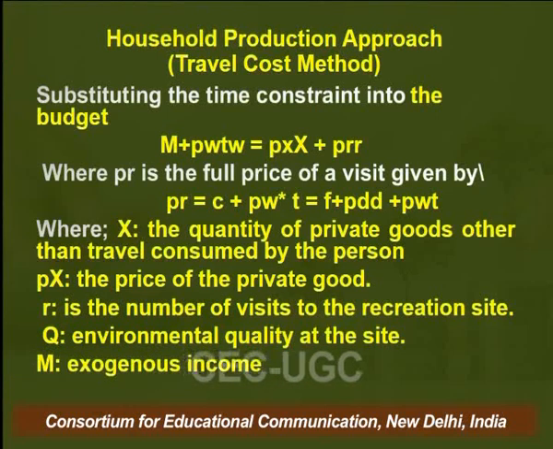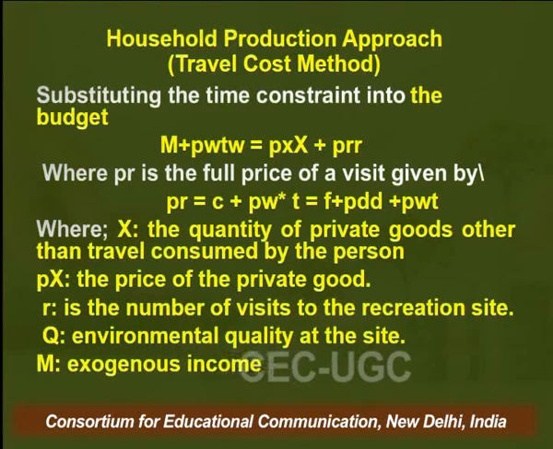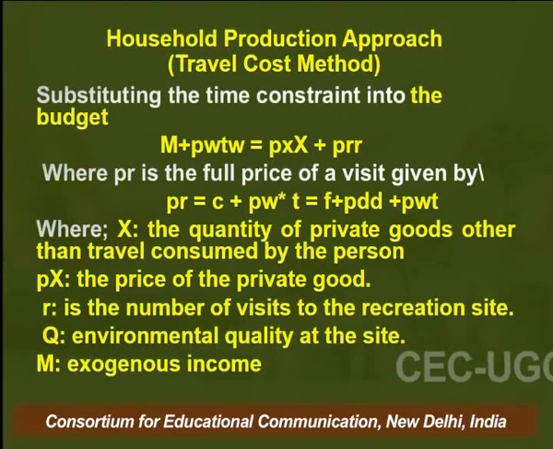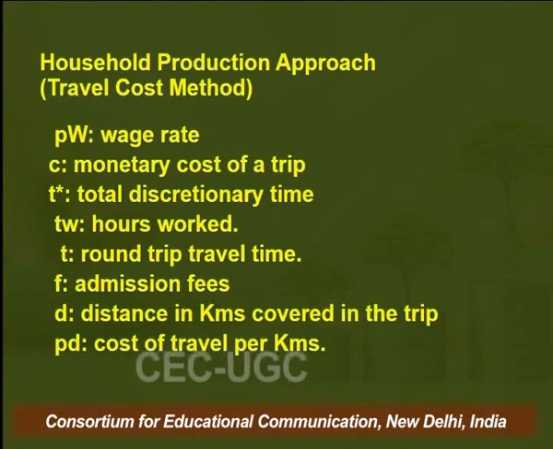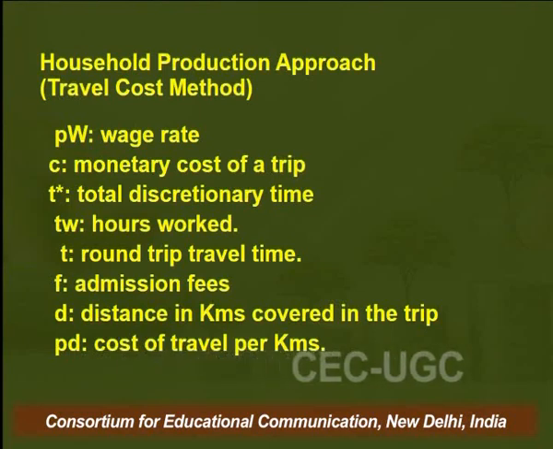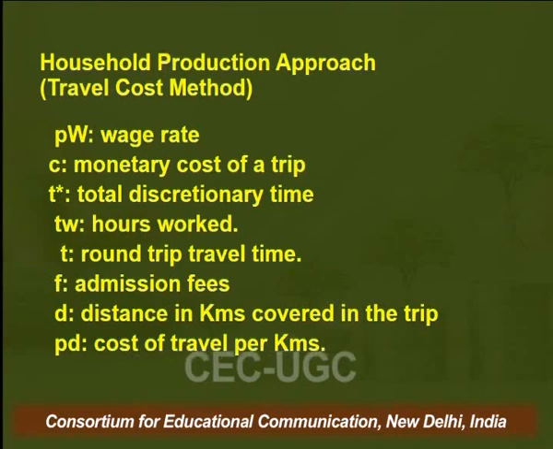Budget here is something which one should understand. How do you calculate the budget for this particular model? It is the exogenous money income which you have, plus the wages which you earn multiplied by the total discretionary time you have. The total amount of income you have is measured by the money income plus the income you earn out of that discretionary time.